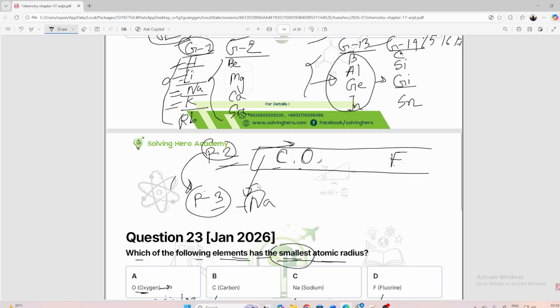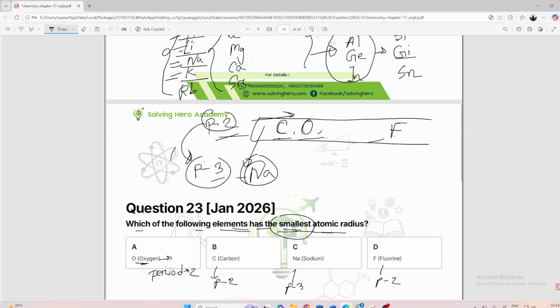So sodium is bigger than carbon, oxygen and fluorine. Am I clear? Sodium is the biggest atom among these atoms because it lies below these 3 atoms.